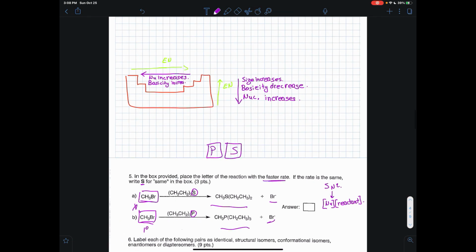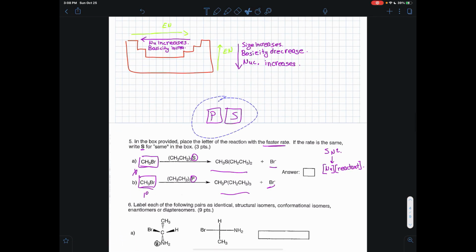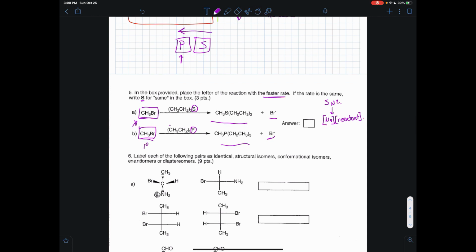So those two are next to each other this way. And as I mentioned before, nucleophilicity increases as I go to the left, and the stronger the nucleophile, the faster the reaction is going to go. So I know that my phosphorus is going to be stronger than my sulfur. Knowing that, this will be my stronger one, so that will be my faster one. And that's why it's B.